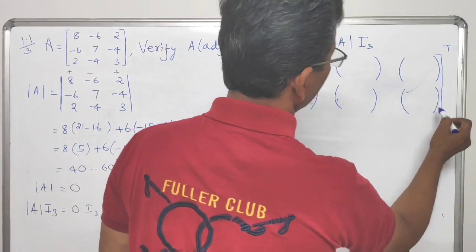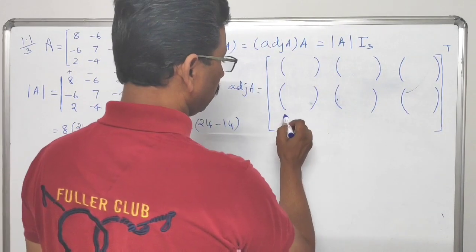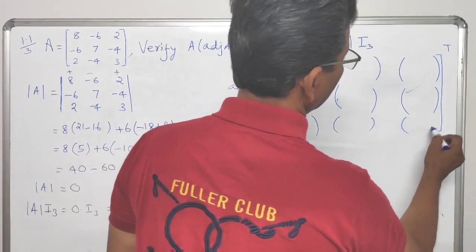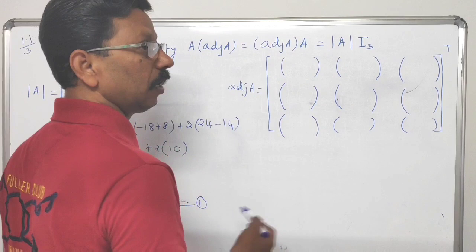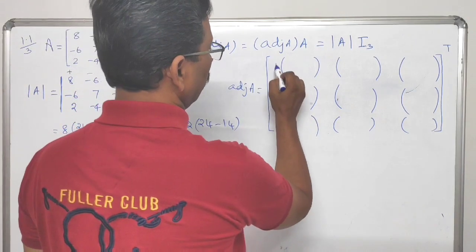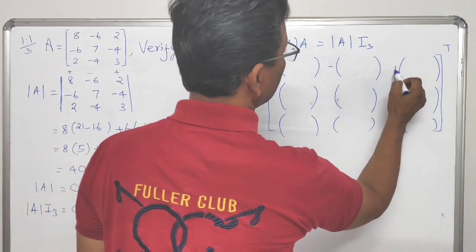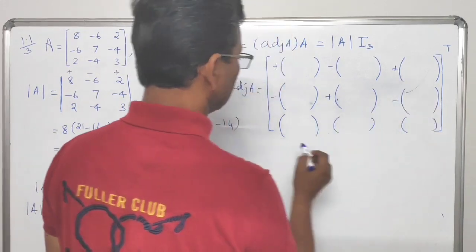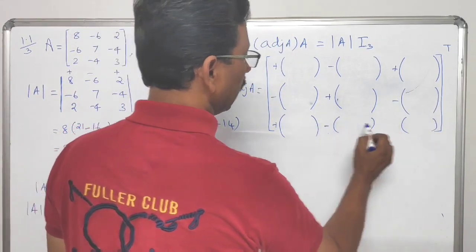Leave sufficient space between columns. Now for these things we have to assign the signs. First one is plus, this is minus, plus, this is minus, plus, minus, then plus, minus, plus.